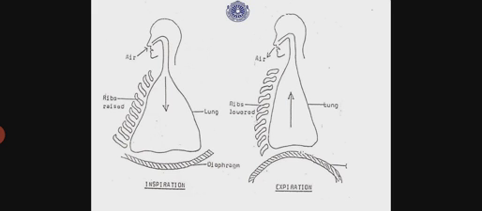Whereas during expiration, the external and internal intercostal muscles of the rib cage relax, and the diaphragm gets its original dome shape because of the relaxation of the skeletal muscles of the diaphragm, because of which it assumes a dome shape and pushes the lungs upwards.